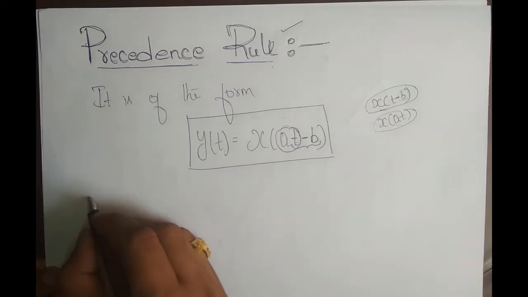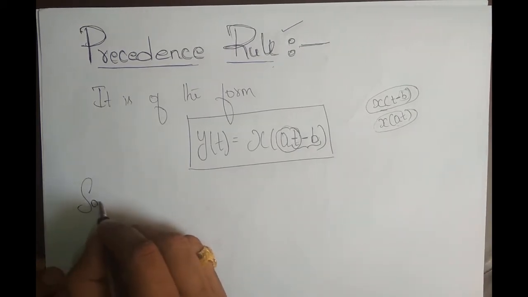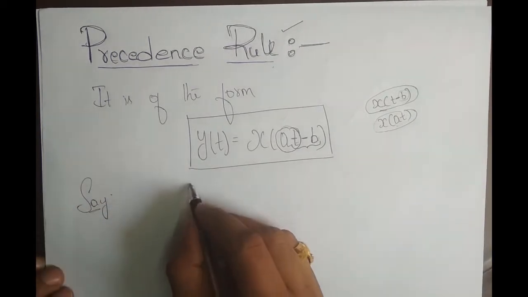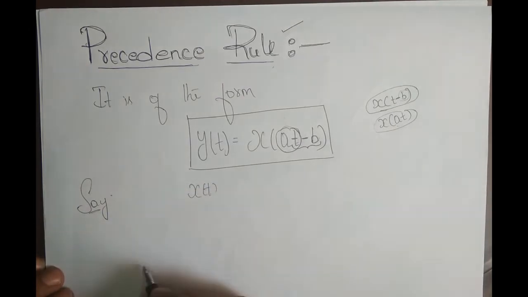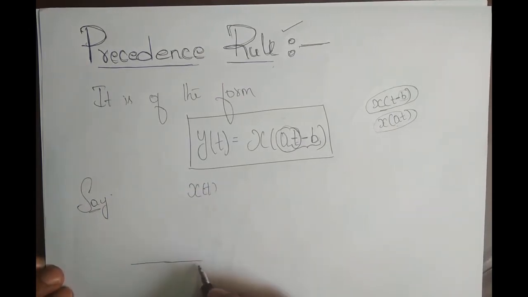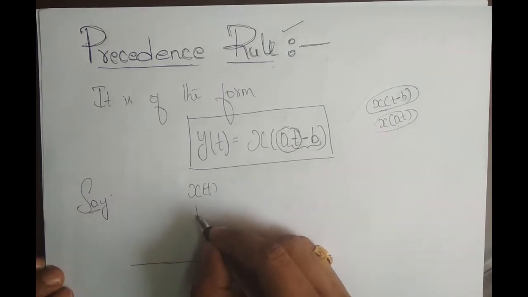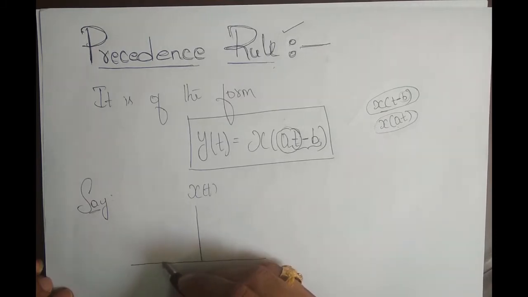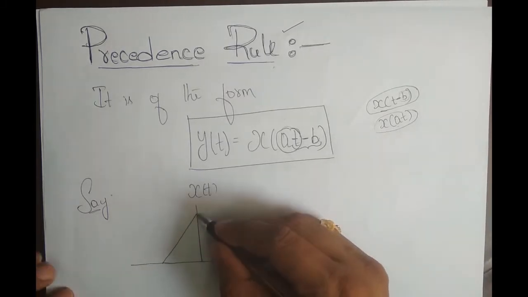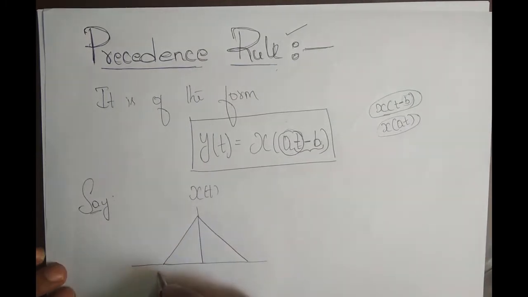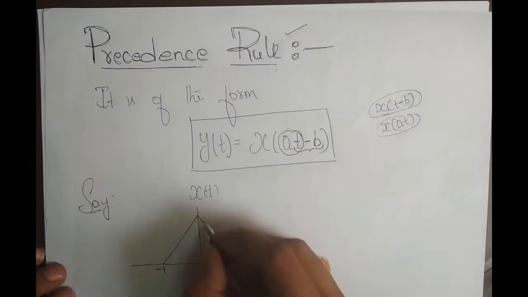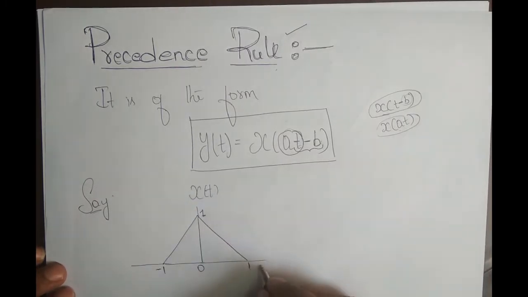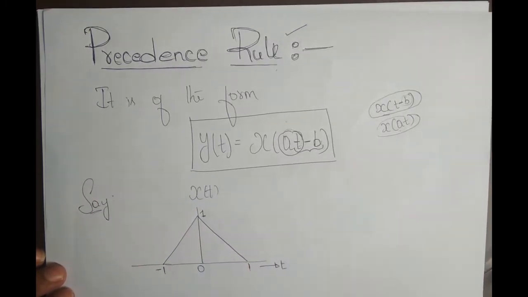I'll take up one example. Say x of t is this signal which is familiar for us. I have taken the same example for time shifting, time scaling and reflection. It's a triangular waveform. It starts from -1 and ends at 1. Its amplitude is 1, and this is the independent variable t.